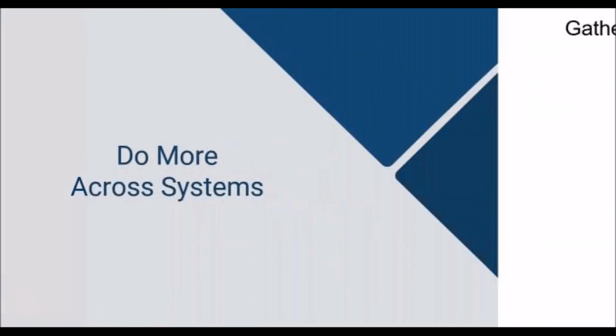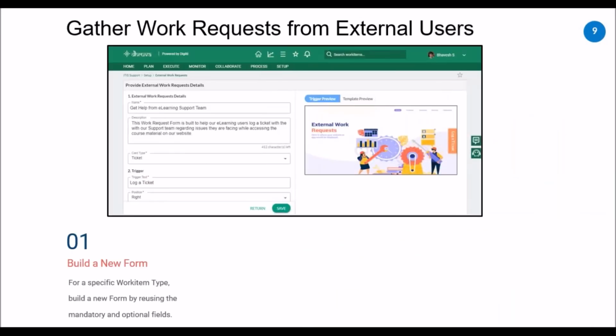So to quickly recap, what we saw here is we looked at how you can go about building a new work request form for any of your existing work item types. So you can make use of the fields on those work item types to build a new form, a shorter form, so that it's easy for the end user to provide the necessary details to get the work started.